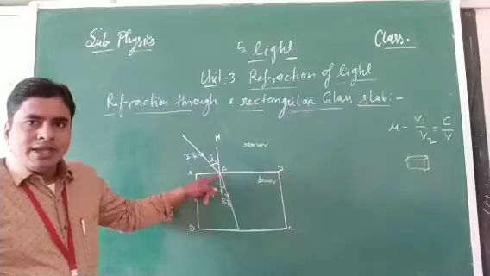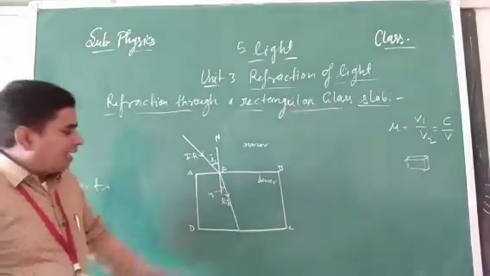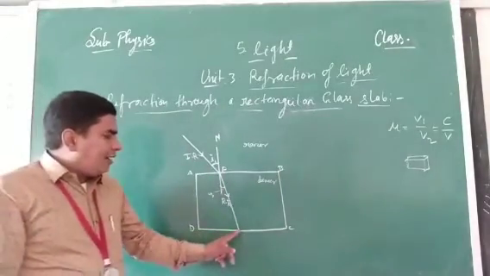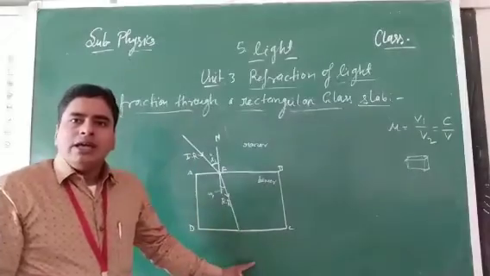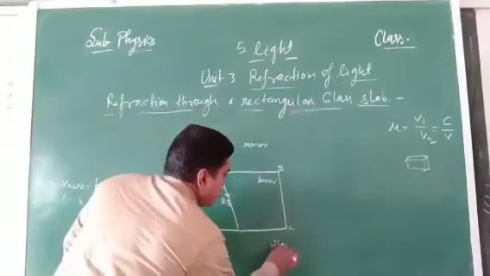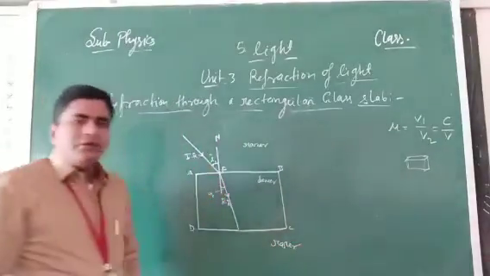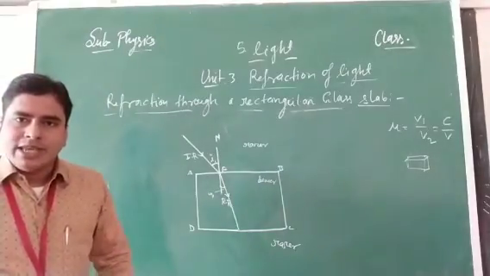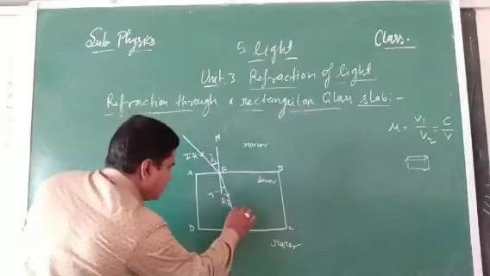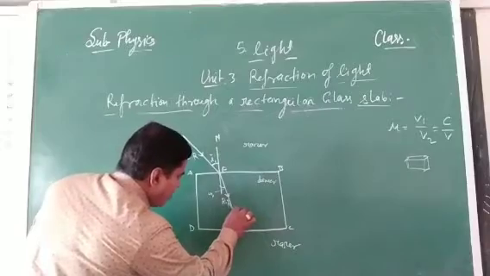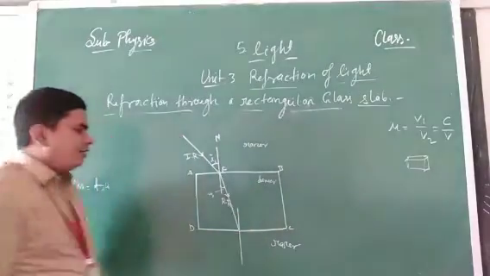So first, refraction takes place here. Then again the light ray enters the rarer medium, air, so refraction takes place again. So we have to draw one more normal here.